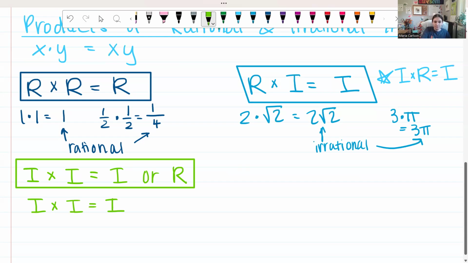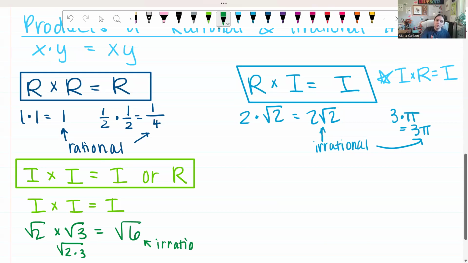For example, the square root of 2 times the square root of 3. That's really like the square root of 2 times 3, which is the square root of 6. And that is an irrational number.